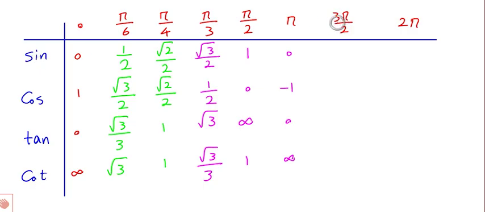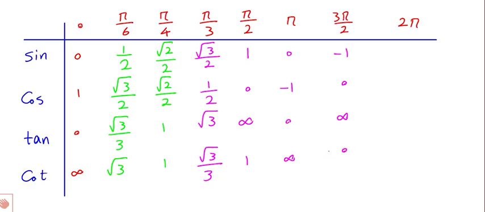Sine of 3 pi over 2 is equal minus 1 and cosine of 3 pi over 2 is equal 0. Tangent of 3 pi over 2 is undefined and cotangent of 3 pi over 2 is 0.